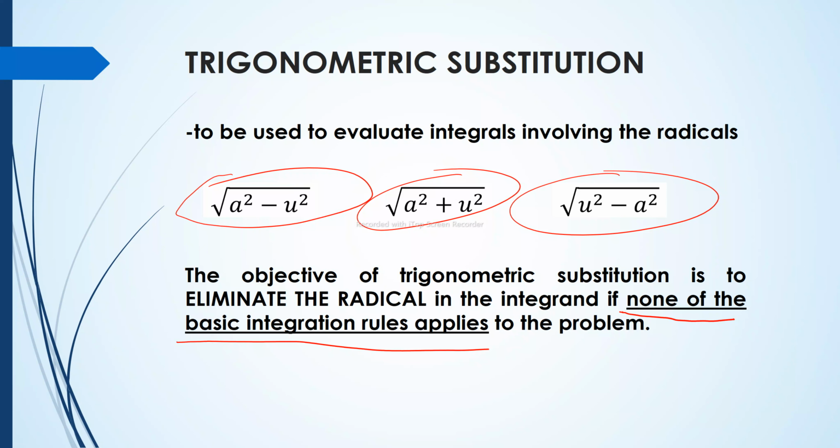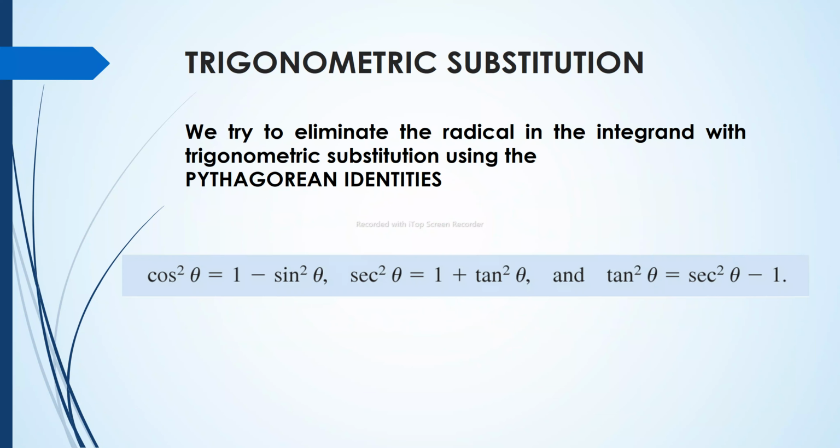So we have three equations here. We are going to remove the radical signs in the integral by using the Pythagorean identities. So take note of this one. We have cosine squared theta is equal to 1 minus sine squared theta.